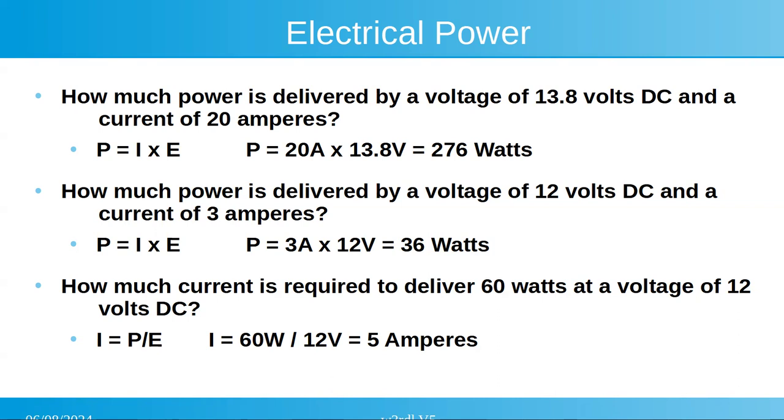So now you know watts, you know voltage. You don't know current. So what's the current? 60 watts divided by 12 volts is 5 amps.